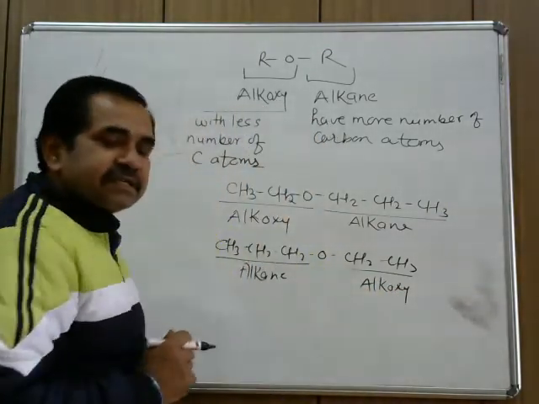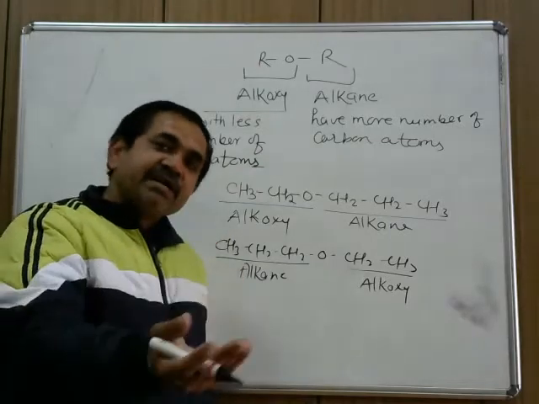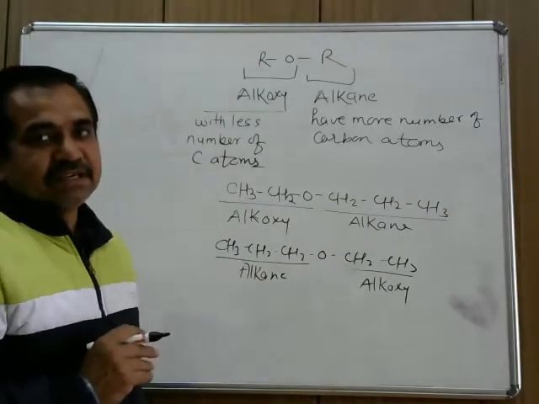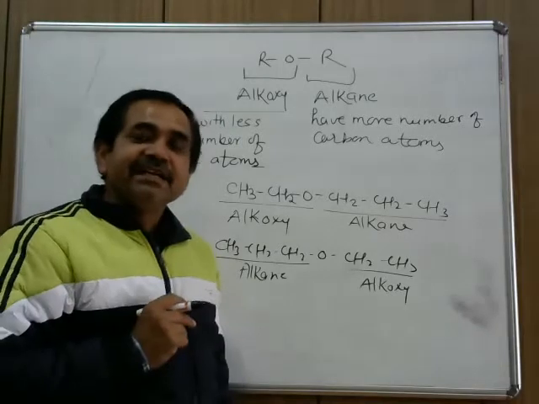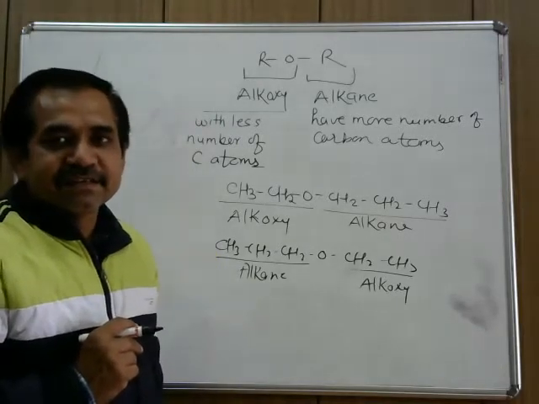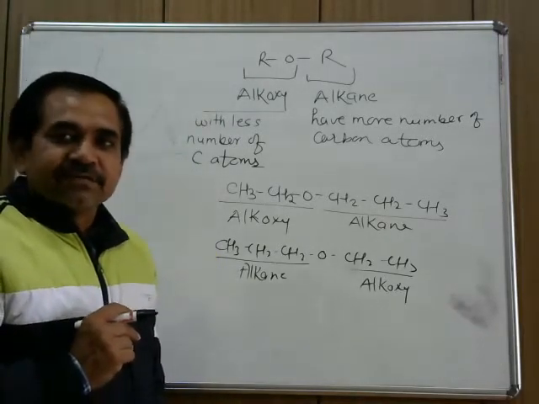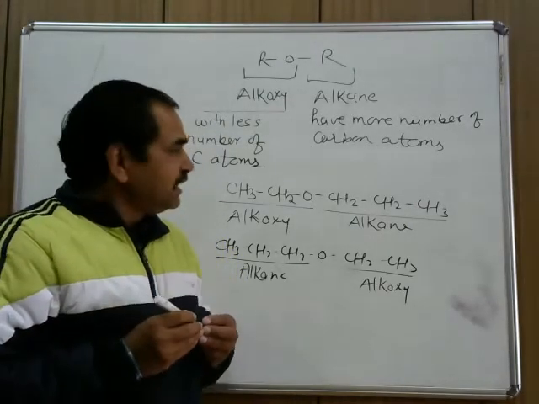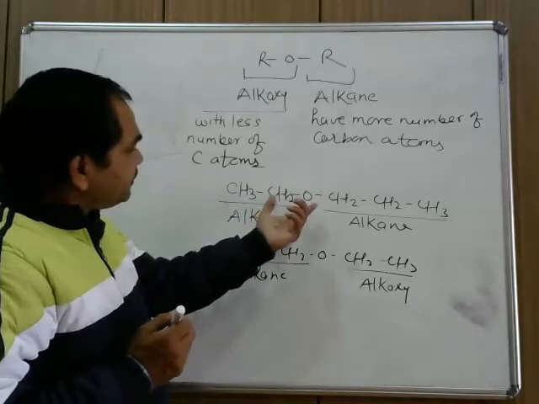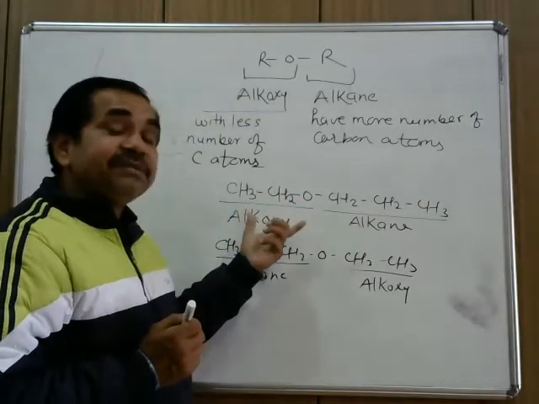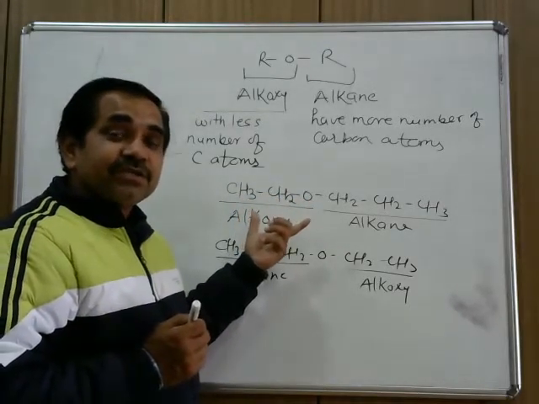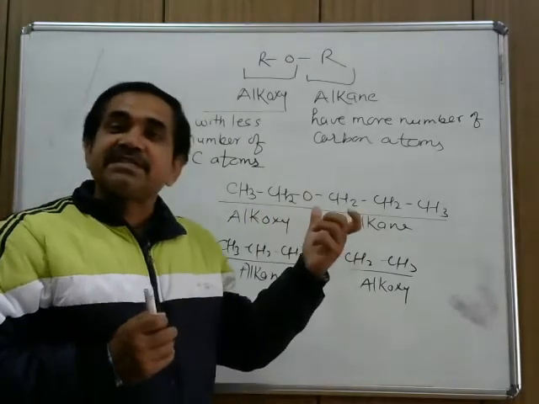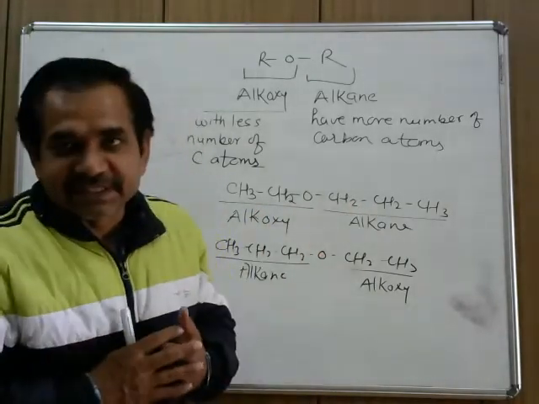But remember, the alkoxy part is written first and the alkane part is written later. For IUPAC naming, the rule remains the same. This alkoxy group which is present here is treated as a substituent. So its name is written as a prefix before the root word.